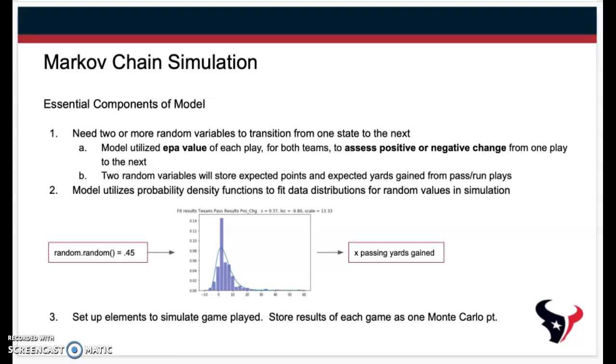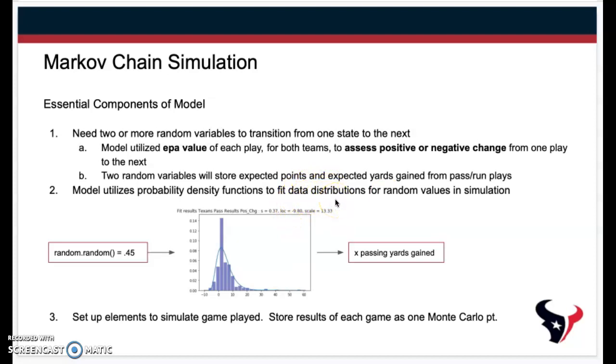And using that as a transition expected value that would be stored to assess all positive plays and all negative plays, given what we've seen previously. This will be further explained once we get into the model.